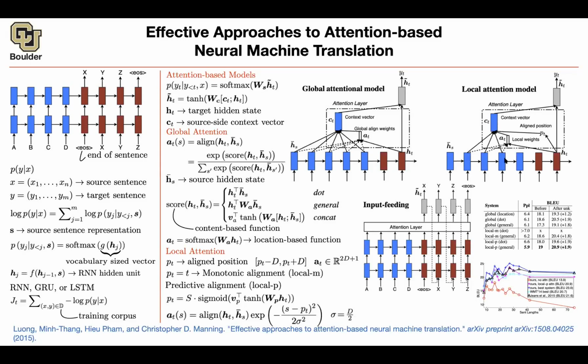So is it the case that you only do this Gaussian weighting on the alignment score for the locations S that fall within the aligned position window? This is actually a mathematical way of doing it. And this is exactly the question that we had from what happens if you are rounding PT to its nearest integer? How do you differentiate through it for learning?